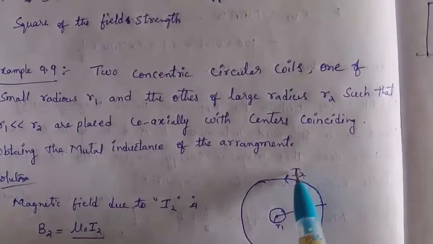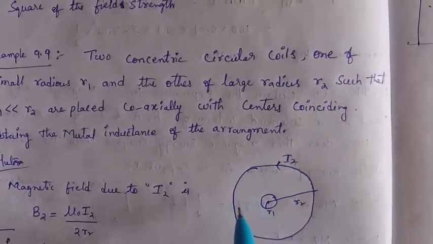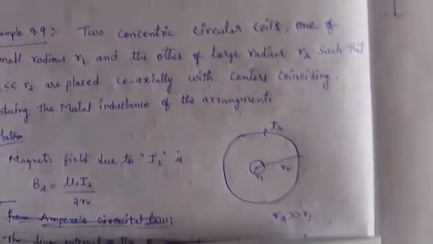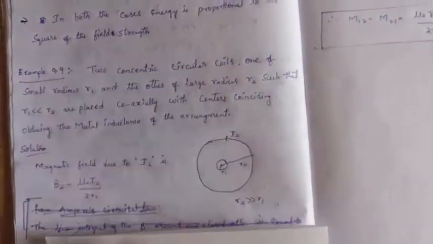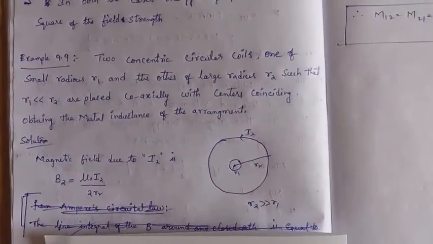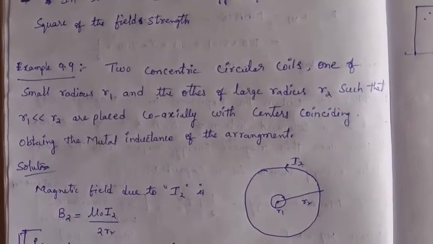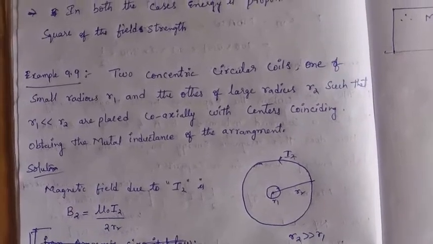So if the current is flowing through the outer coil, automatically a magnetic field is induced. The current flows along the thumb, which gives the direction of the magnetic field. So the magnetic field due to I2 is equal to mu naught I2 upon 2R.